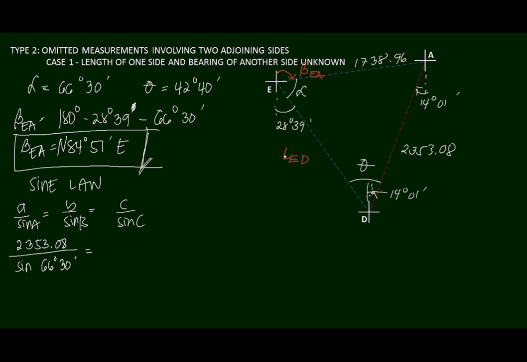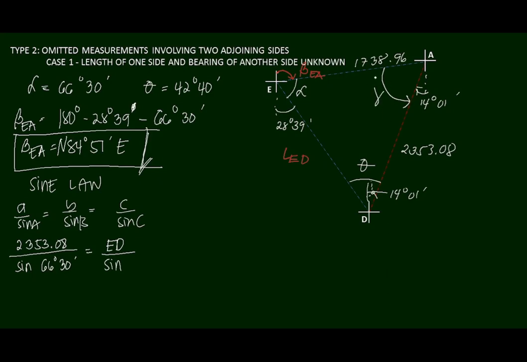That is equal to, gusto kong hanapin si length ni ED. So, I'm going to write ED over sine. The angle opposite line ED is this angle. Tama? I'll name this angle as gamma.